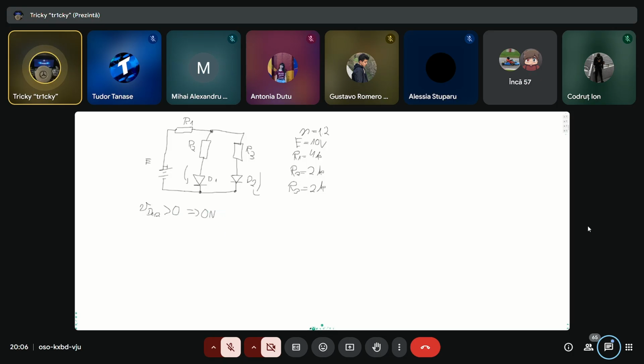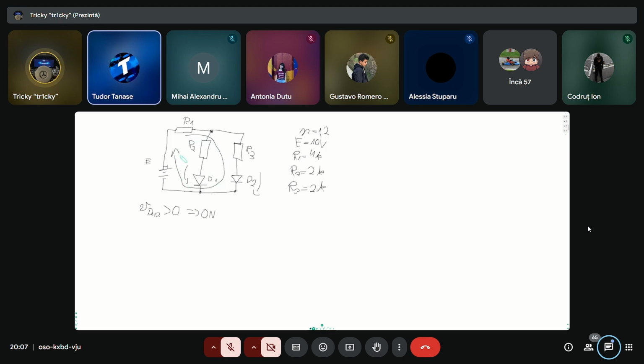Okay, nice. Let's see what Kirchhoff we can take. We're gonna have to take actually 2 Kirchhoffs here, one for each loop of these branches. 2 loops, right? One outside and another one inside.